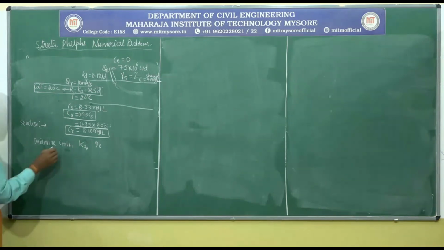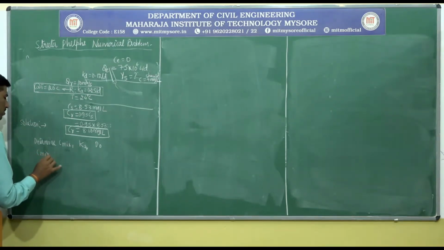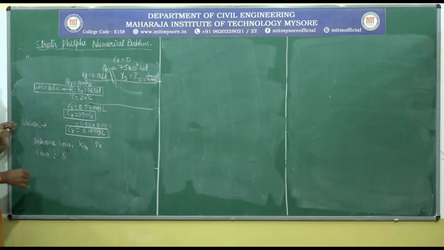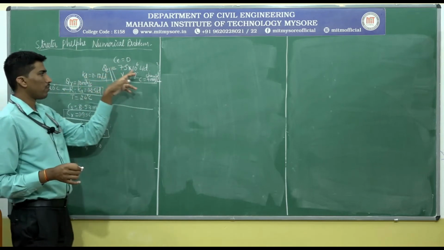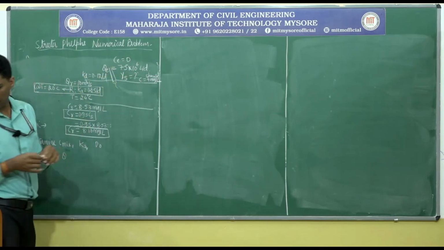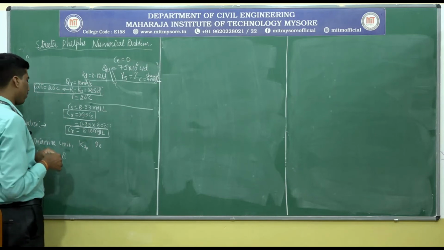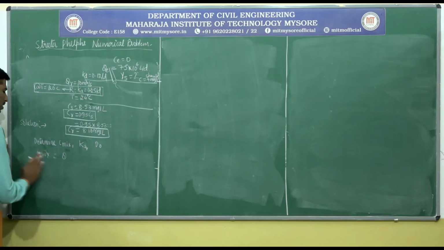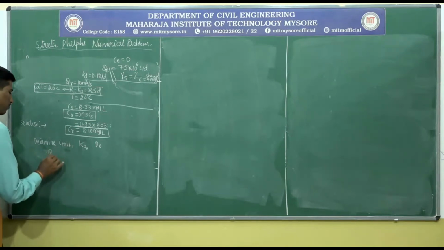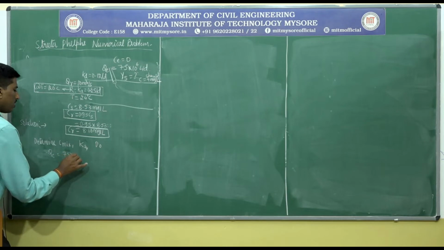Let us determine this. So C mix, you need to convert this 75 million liters per day of water. So before determining this, you need to have a Q. So QE is 75 into 10 raised to 6 liters per day.